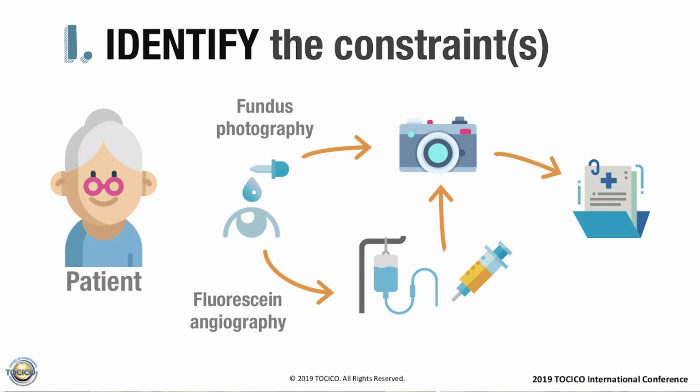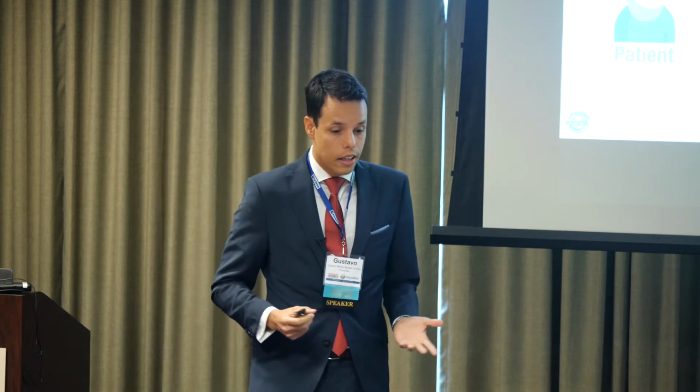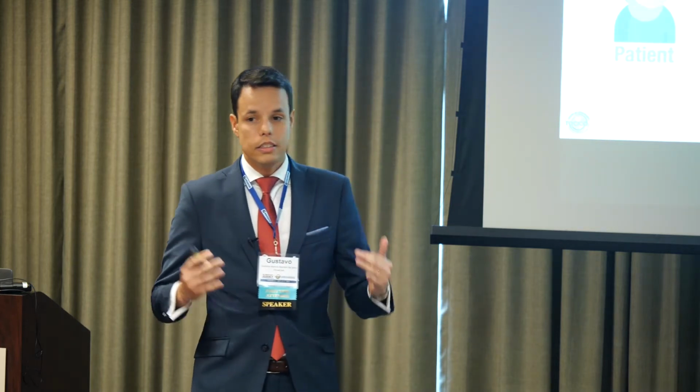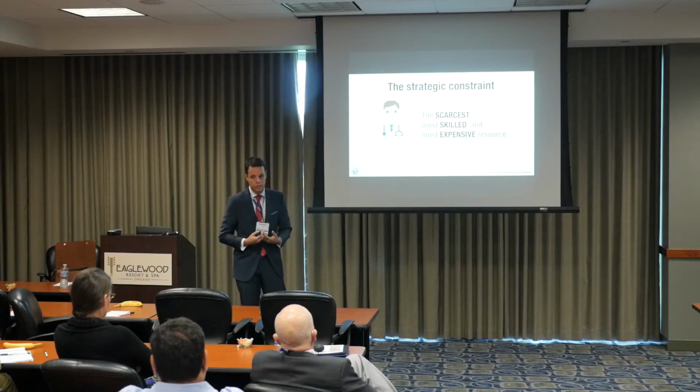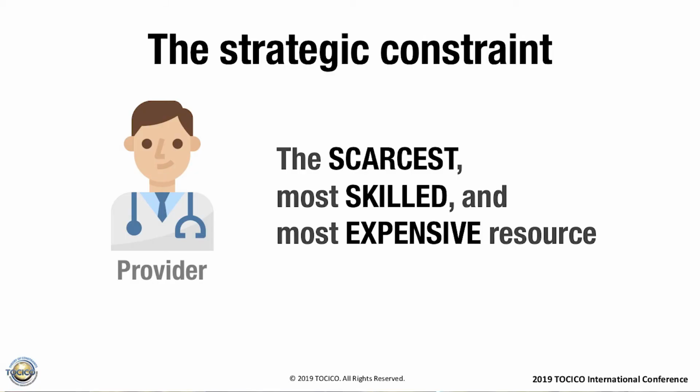Well, the first step was to identify the constraint. What was the constraint? Well, I could see that there were a lot of patients just waiting after me, so I was the constraint. But it's not only that. I was also the strategic constraint. I was the scarcest, most skilled and expensive resource there.